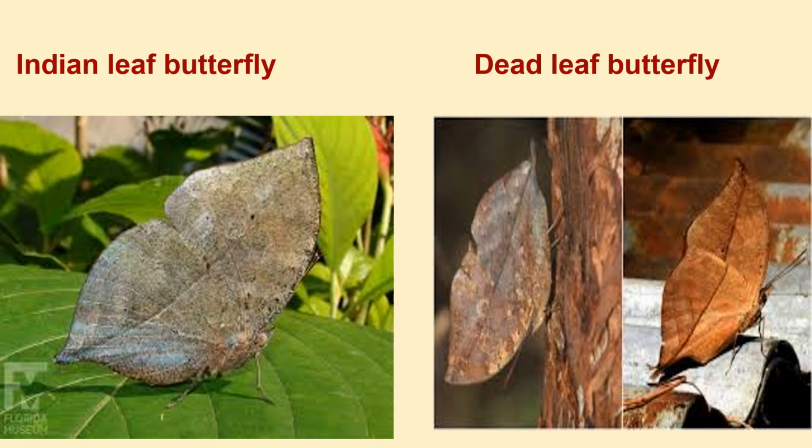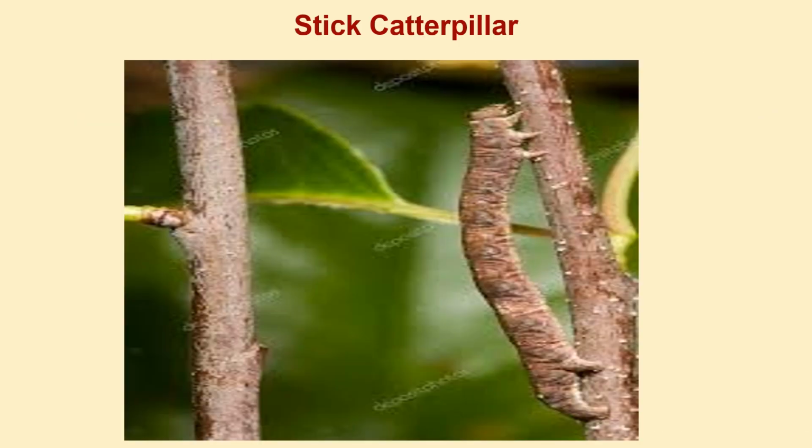Stick caterpillar. The stick caterpillars of geometrid moths resemble young twigs in color and shape. Again, its posture on the twig is fantastic. It is attached to the main twig by its posterior end and the entire body stands oblique to the twig so that it appears like a small branch.